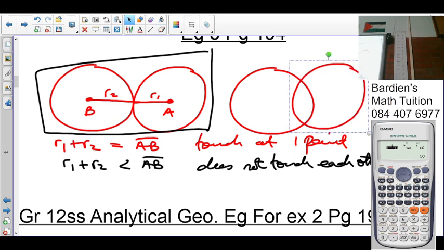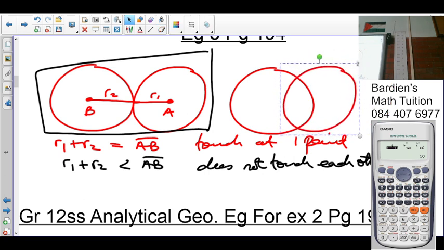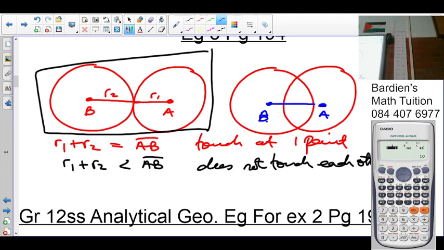So if that is B, and this is A, remember, that is radius 2, and from there to there, it's normally a straight line, that's radius 1. So what do you notice here now? That radius 1 plus radius 2 is actually larger than the distance between the two centers. Can you see that, people?